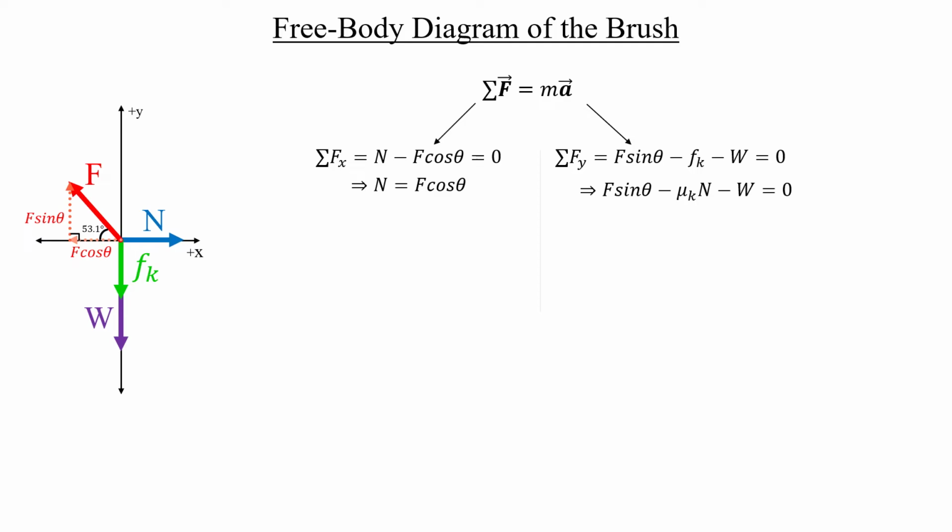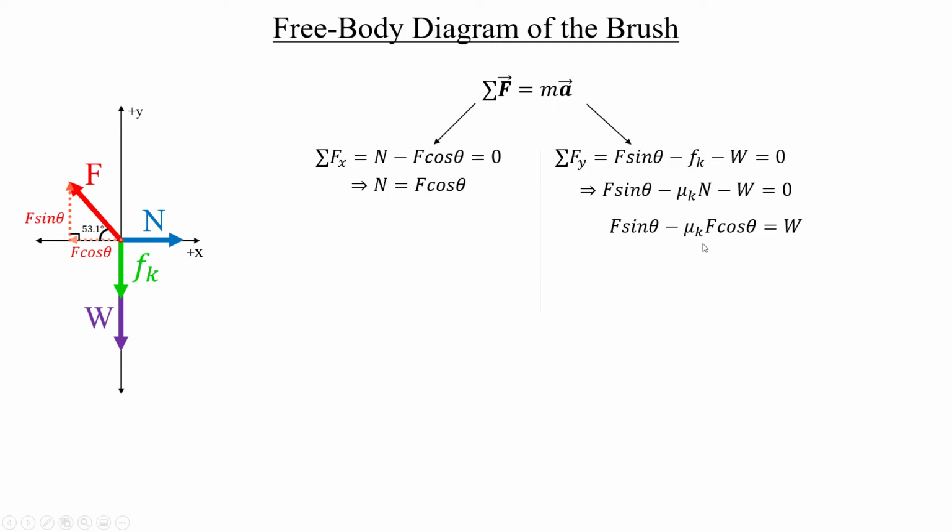And we can also replace our expression for the normal force with F cosine theta and bring that over here. Remember, the goal for part A is to solve for the magnitude of the applied force F. So if we bring this over to the other side and move the weight over like this, here's what that next line looks like.